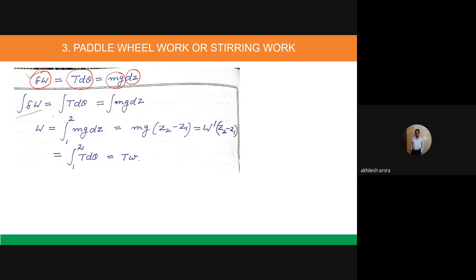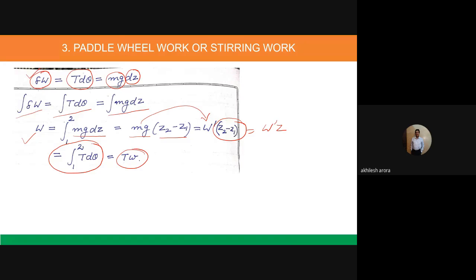Delta W is equal to T d theta is equal to mg dz, and W is equal to mg times z2 minus z1, which, because mg is equal to W dash, can be written as W dash into z. This is also equal to the torque transmitted during this process from 1 to 2, and it is equal to T into omega.